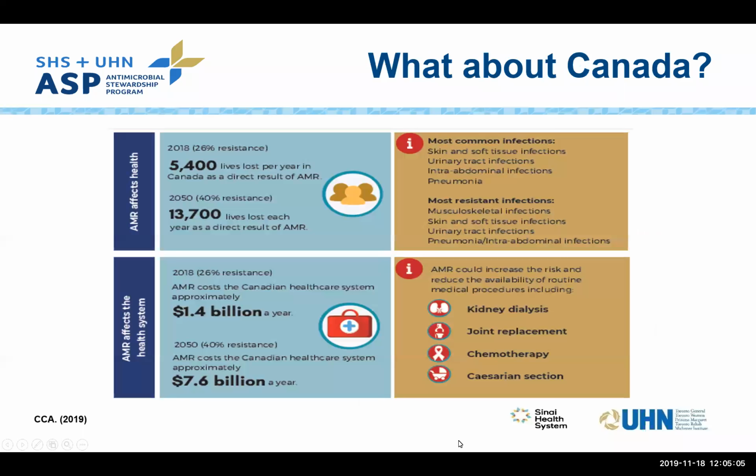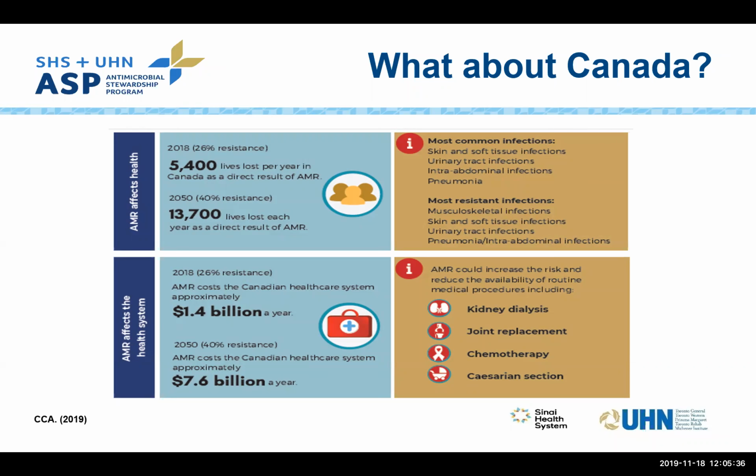Let's go to the next slide. Hot off the press, on November 12, 2019, the Council of Canadian Academies released a report titled When Antibiotics Fail that provides a comprehensive report about the impact of AMR in Canada. This report has some wonderful infographics, and I strongly recommend for any one of you that have interest in AMR to read it.